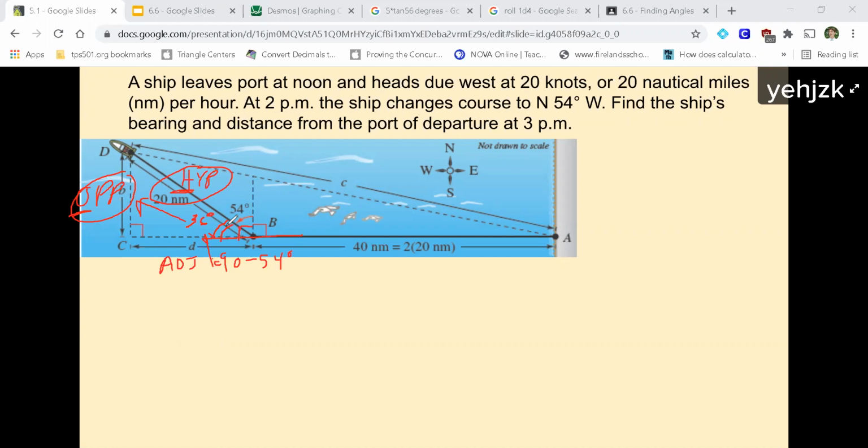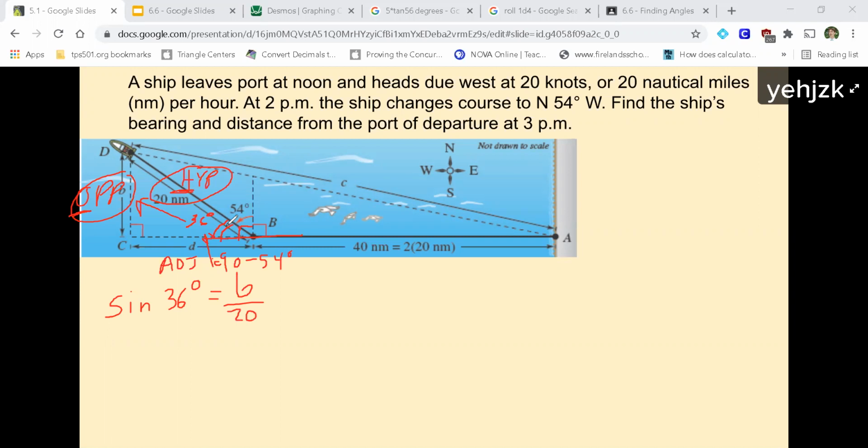Not quite. Tangent is opposite over adjacent. You're close. We want opposite over hypotenuse. Sine. There you go. So we got the sine of 36 degrees is opposite B over hypotenuse 20.